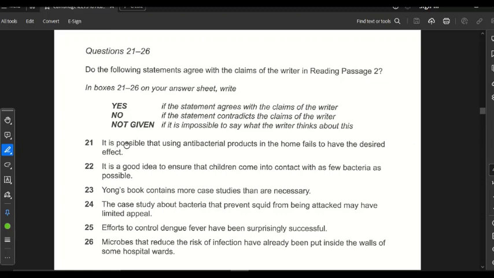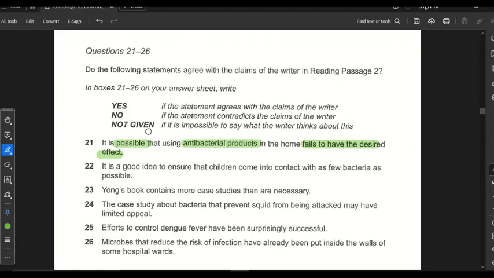It is possible that using antibacterial products in the home fails to have the desired what effect. It said it is possible. So whenever I'm reading the test, you want to see whether this information is there. And remember, paraphrasing and meaning.